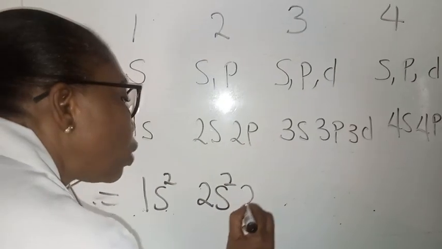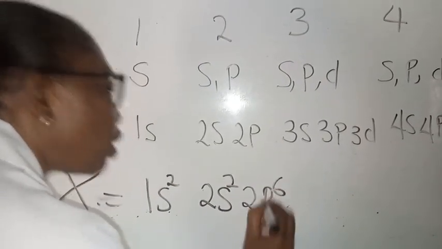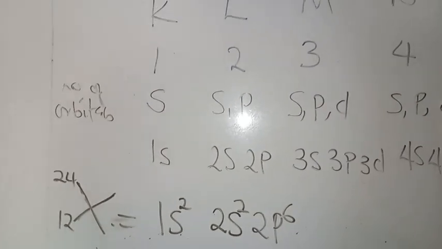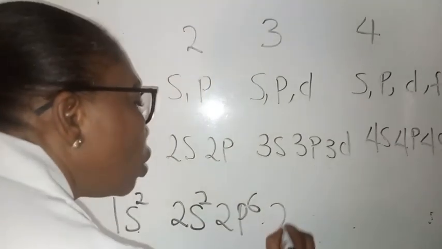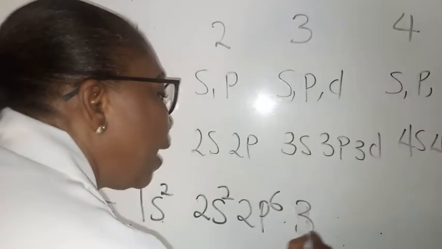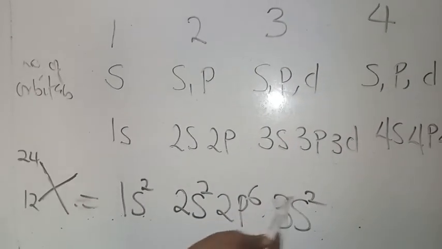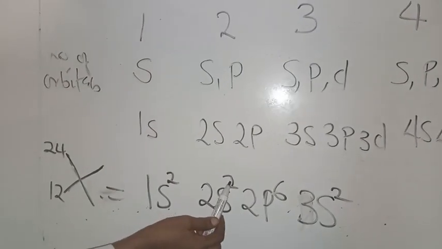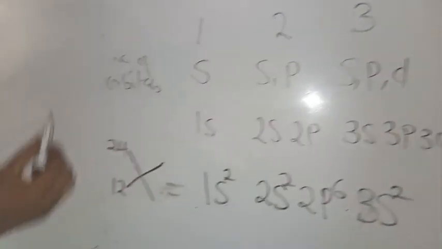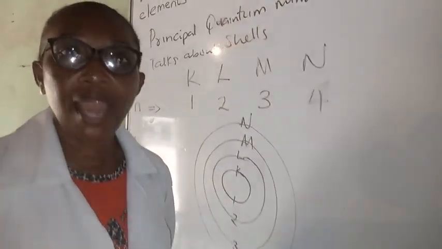We move to the next one, 2p, 6. We take up 6 out of the 8, remaining 2. And then we move on to 3s2, and that makes it 12. 2 plus 6 is 8, plus 2 is 10, plus 2 is 12. We have written the electronic configuration of the element X.